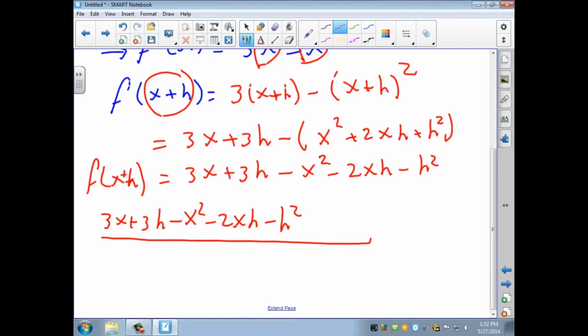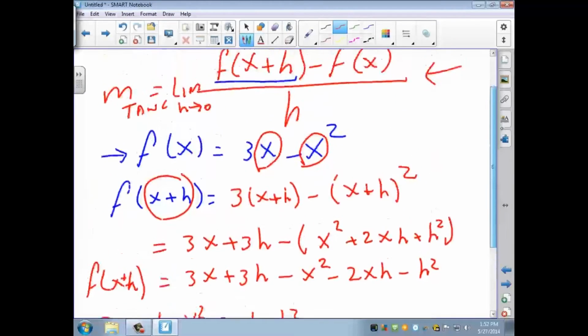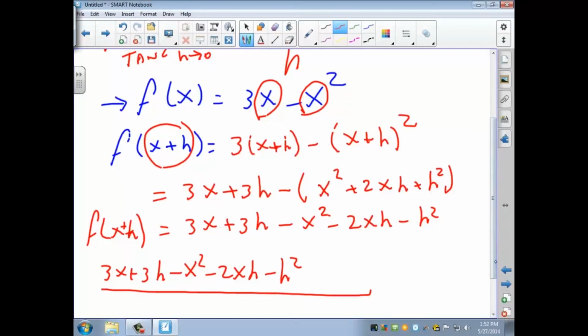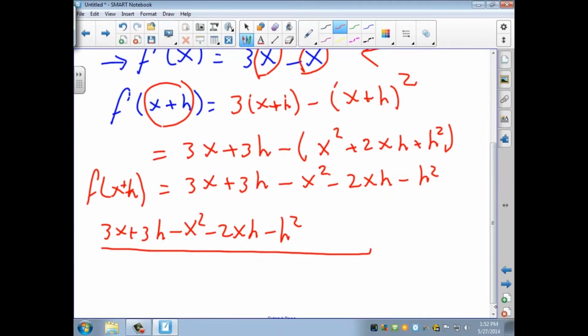That is f of x plus h in this formula right here, minus f of x. Well, that's the original function. This is f of x. So it would be minus 3x plus x squared, divided by h.